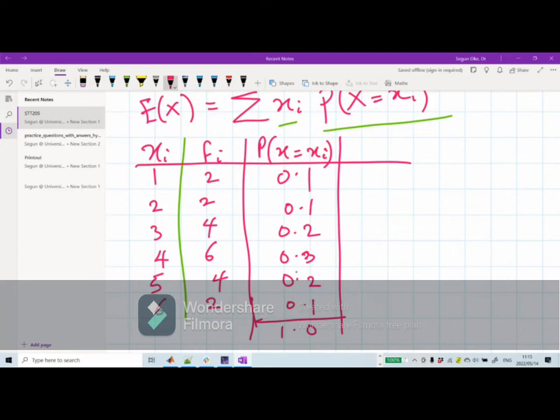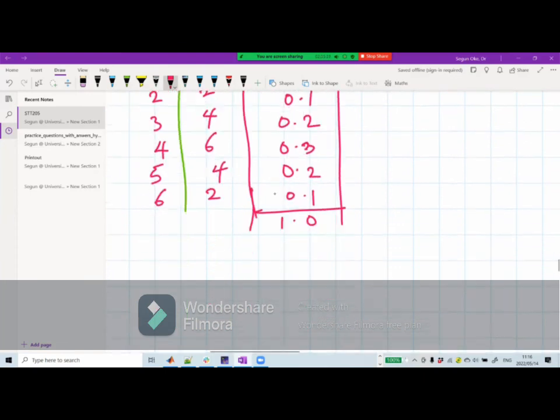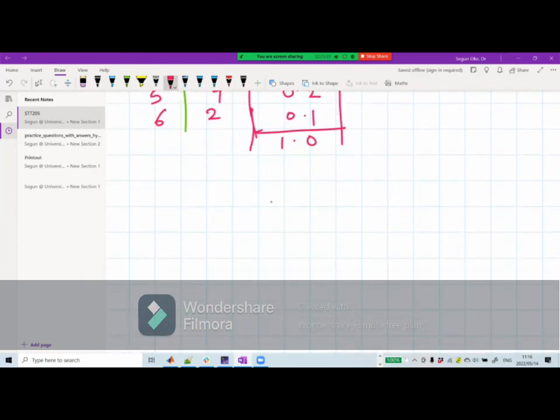Now we need to calculate the expected value for P of x equals to xi. So how do we calculate it? They can give us the table, like I said, and ask us to calculate it.